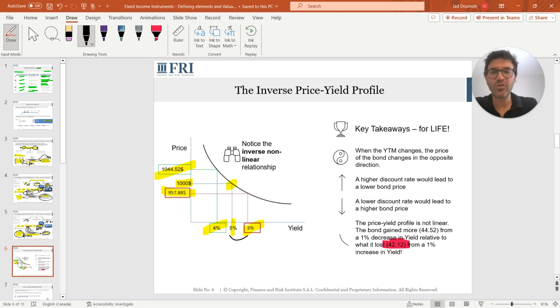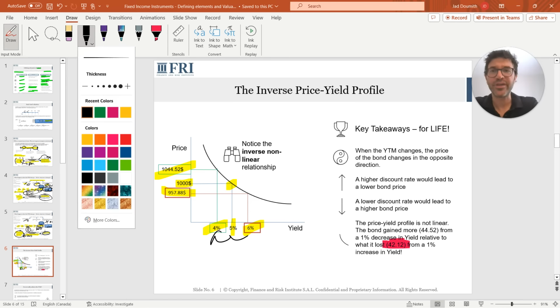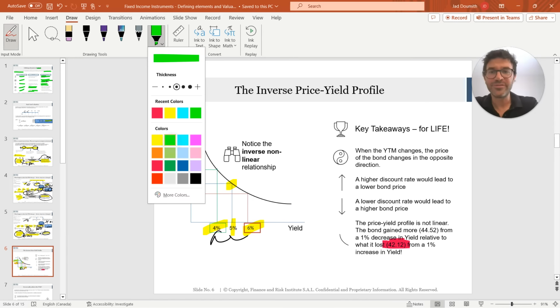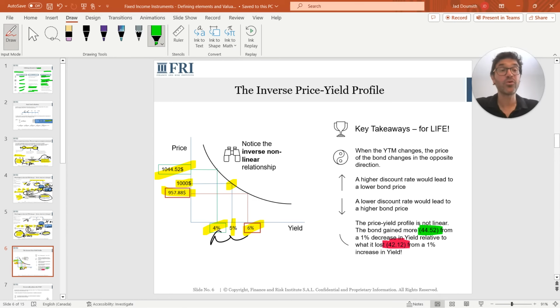But when the yield went down by 1%, the bond gained $44.52. When I say linear relationship, it would have been represented by a straight line, which would show perfect symmetry.